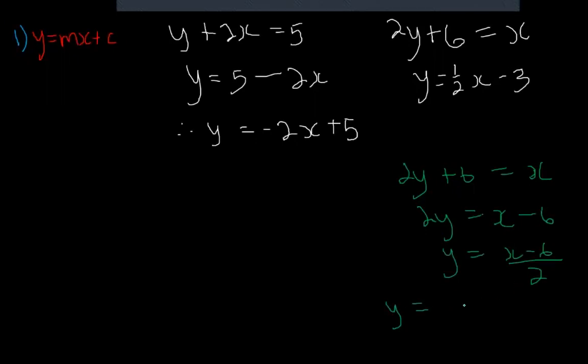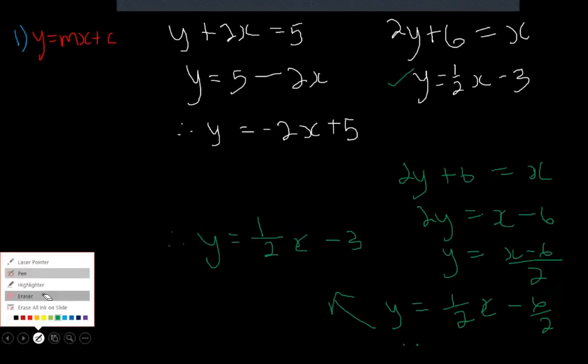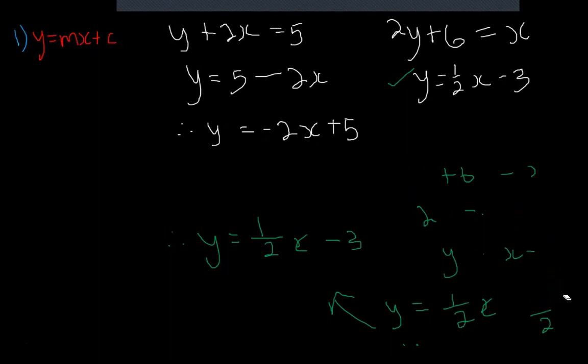So it becomes y is equal to a half x minus 6 on 2. But we know 6 on 2 could be reduced to 3. And that's why I have, therefore, y is equal to a half x minus 3. This is correct. Right? So just showing you, in case anybody didn't understand how we got that.